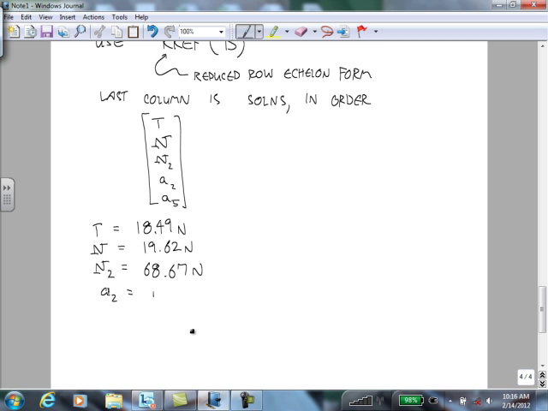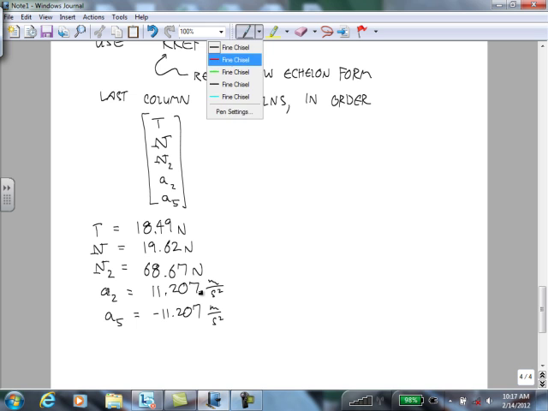For A2, we got positive 11.207. And for A5, we got negative 11.207. These are meters per second squared. And so we wanted the acceleration vector of the top box.